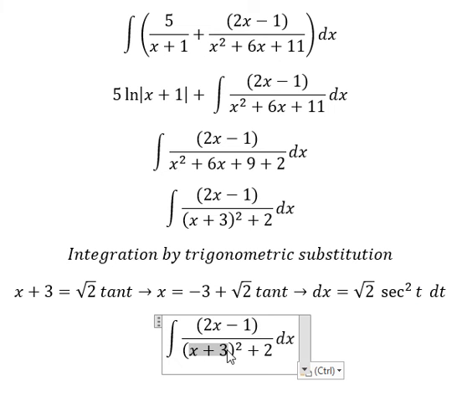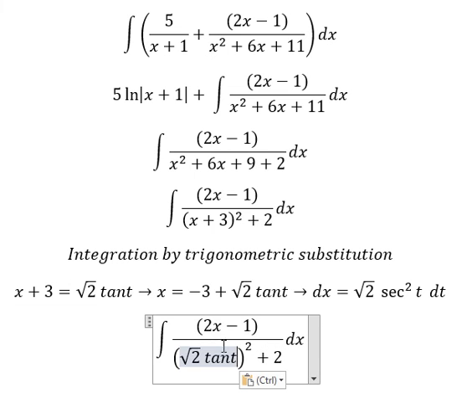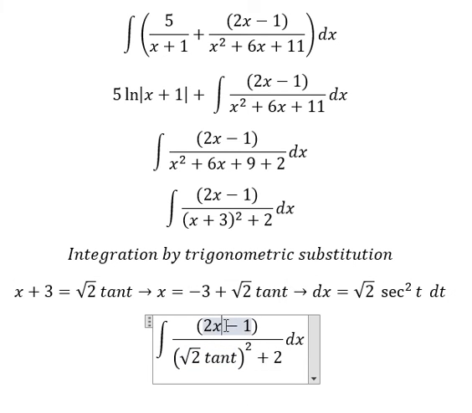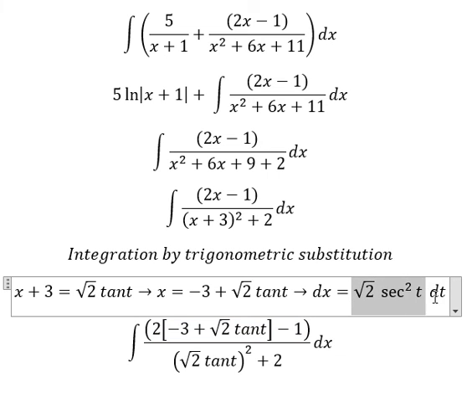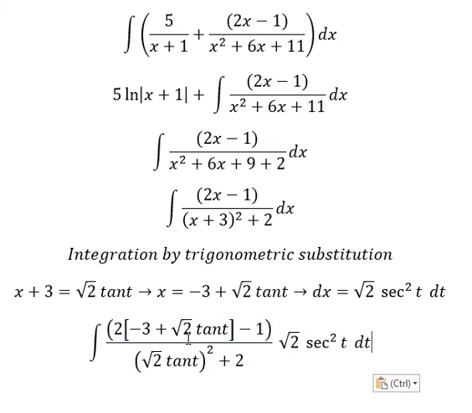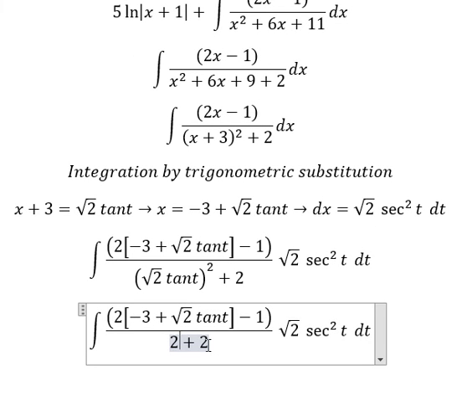So this one is about this one. The s is about this one. So we have 2 tan t squared.